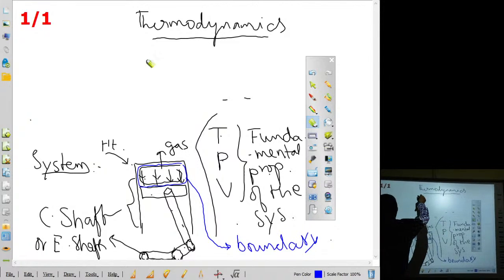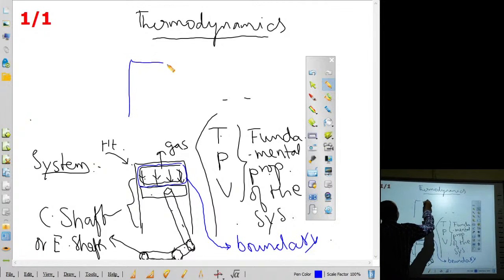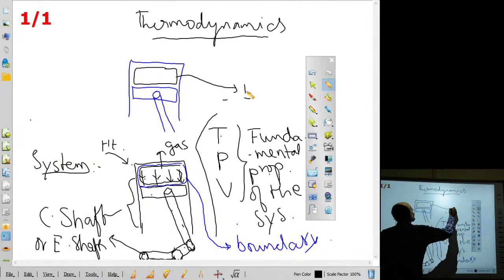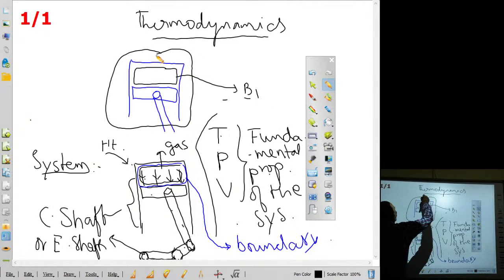So for this engine, we have got the piston, then the connecting rod, crank rod, and other things like that. And we have selected a boundary. We will call this boundary B1. And another boundary we will select outside the cylinder. So this is B2.